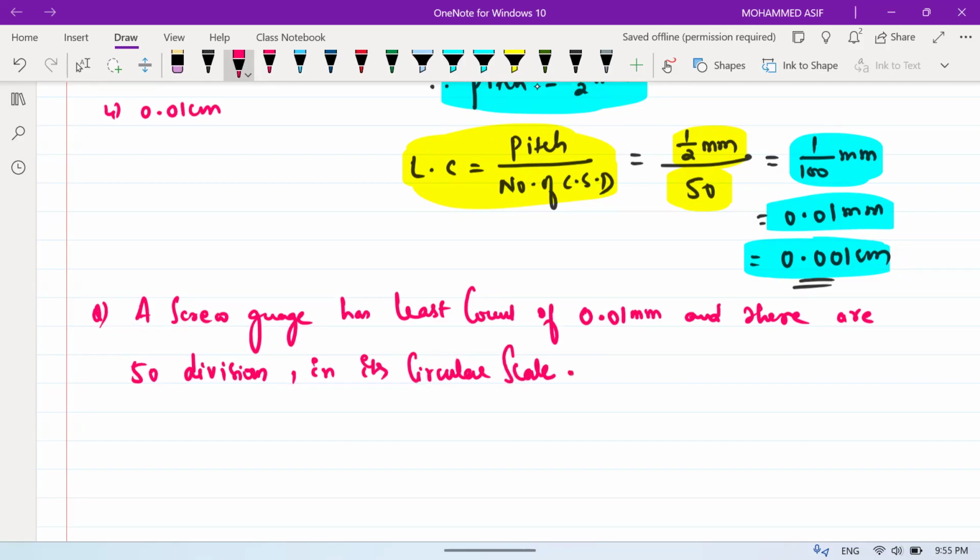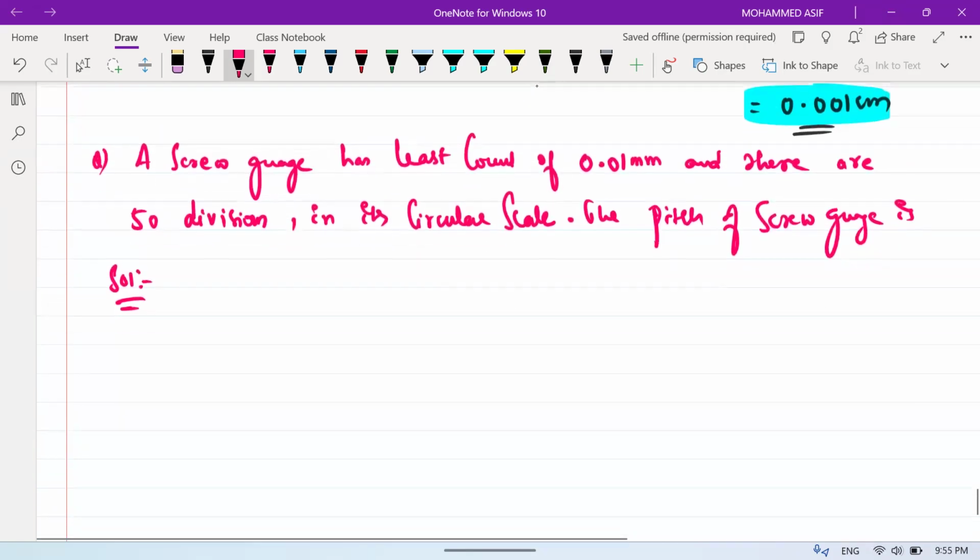The pitch of the screw gauge is? One word answer. Just say it.